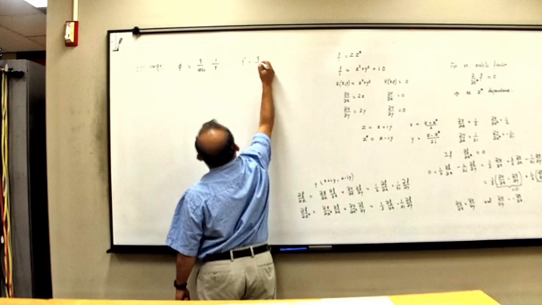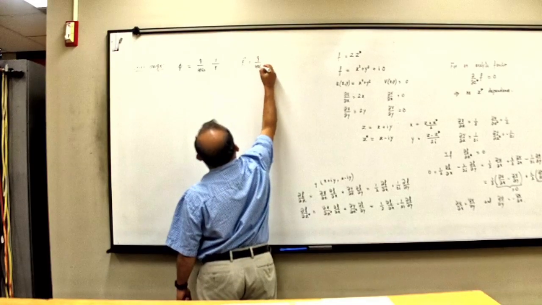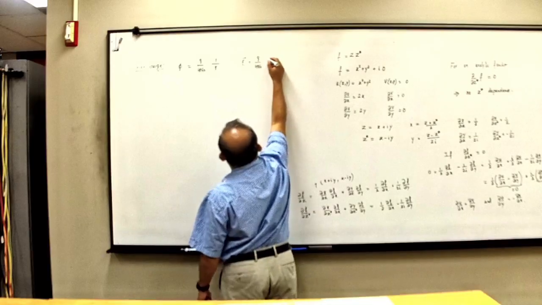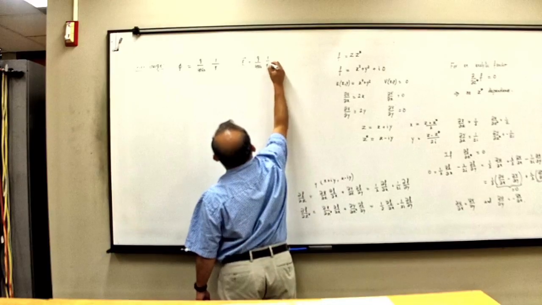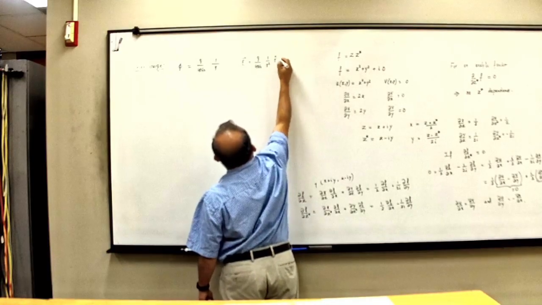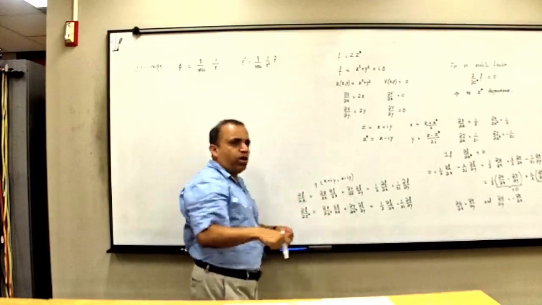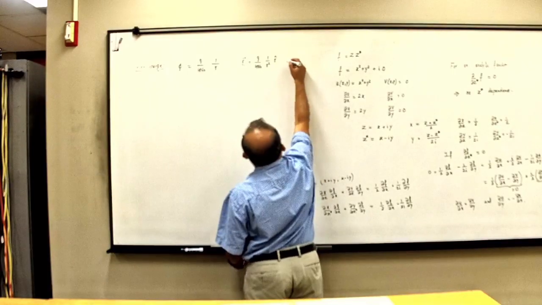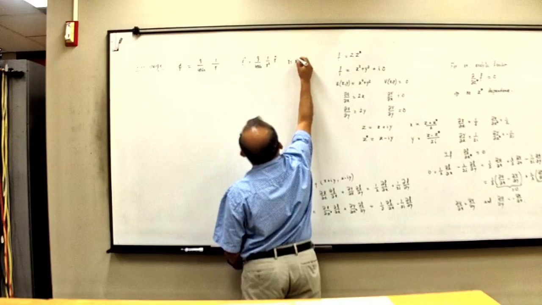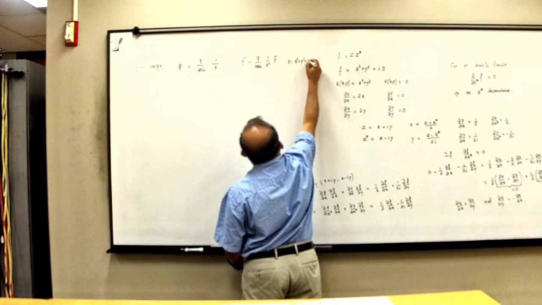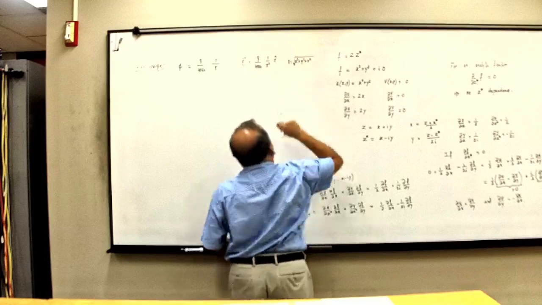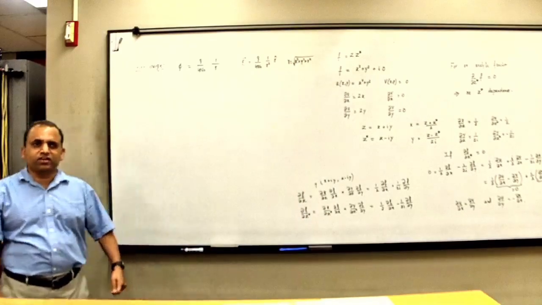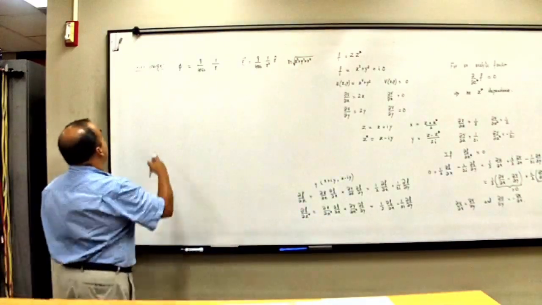Equals minus Q over 4 pi epsilon naught, r hat over r squared. Correct. 1 over r squared, and then there is an r hat. And here r squared is x squared plus y squared plus z squared. I'm keeping it at the origin, and r hat is the direction from the center to that. This is for a point charge.